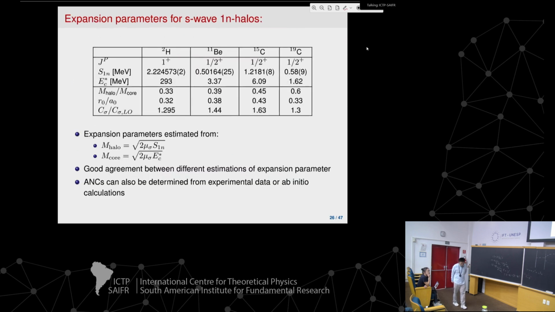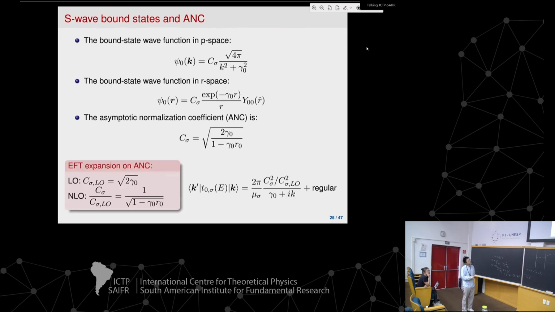Okay, so then we can use these formulas to basically calculate the ANC of this system. Because if you know the effective range and the binding momentum, you can estimate this ANC. This will also help you to determine the expansion parameters in your system, because this is basically related to the R over A expansion. So its size can tell you how large the next-to-leading order contributions will be.